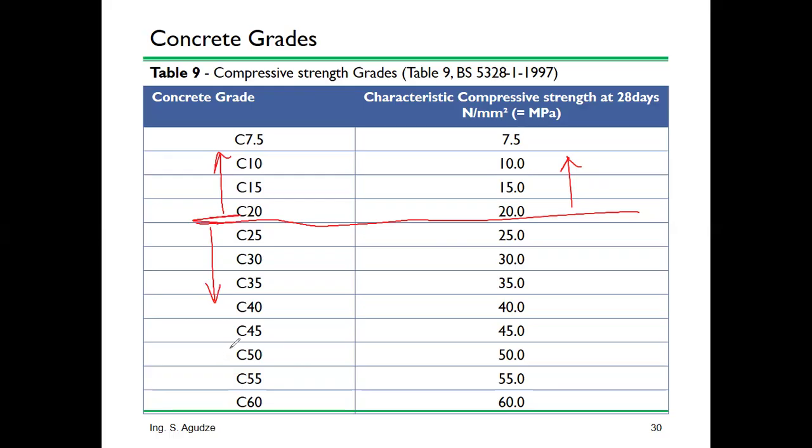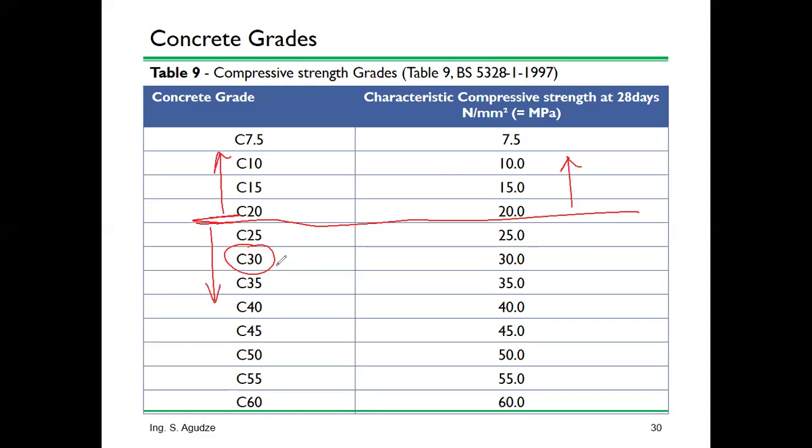Okay? So if C30 has been specified for the work, you must do a mix design. And based on the mix design, you prepare cubes and go and test. And if you are going to prepare cubes, where you get material for the project, where you get the sand, where you get the stone, that's where you have to go to pick this material for the cube.